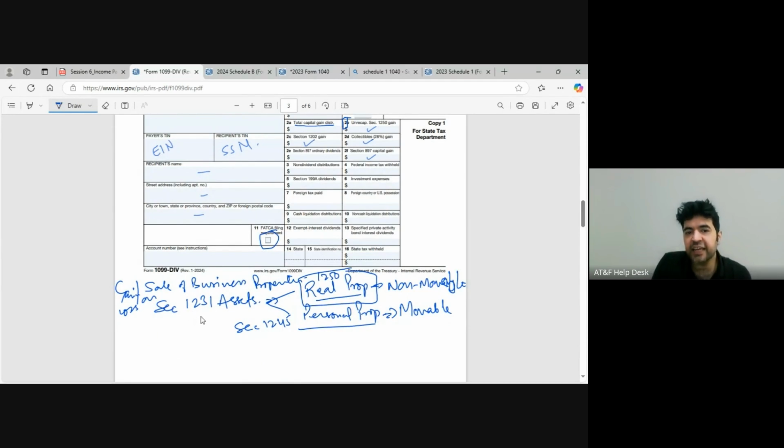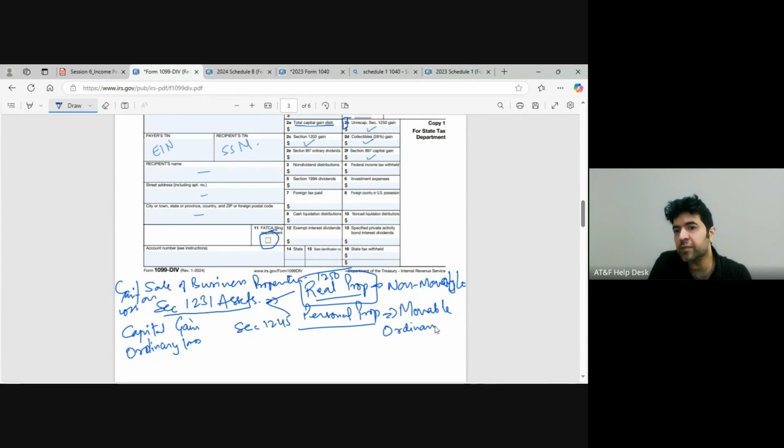If there is any gain in section 1231 asset, that is known as capital gain. Okay. And if there is a loss, that is ordinary loss, not capital loss for section 1231. Section 1250 gain is ordinary gain.